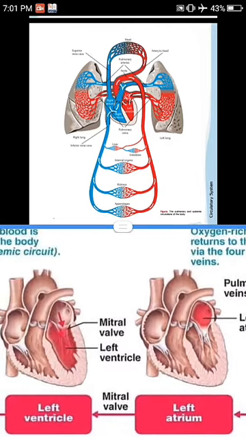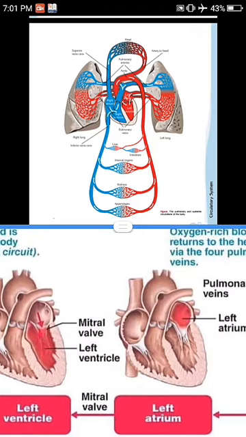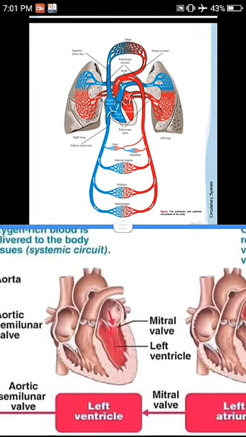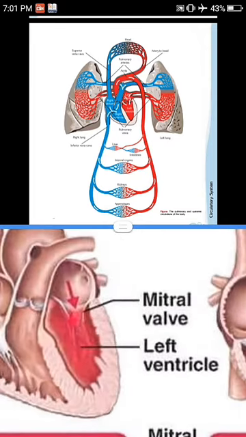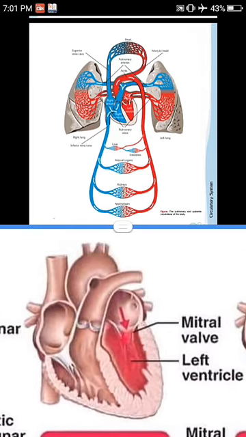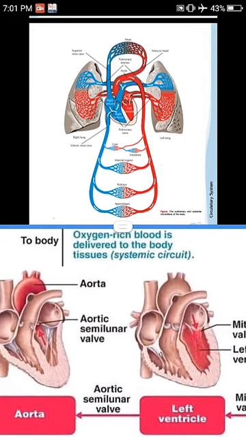Via the mitral valve it will enter into the left ventricle. This is the mitral valve which is shown here, and this is the left ventricle. Then further it will go to the aorta via the aortic semilunar valve.